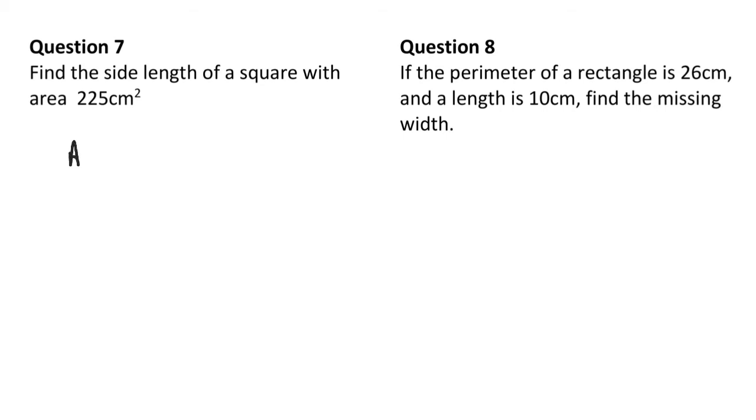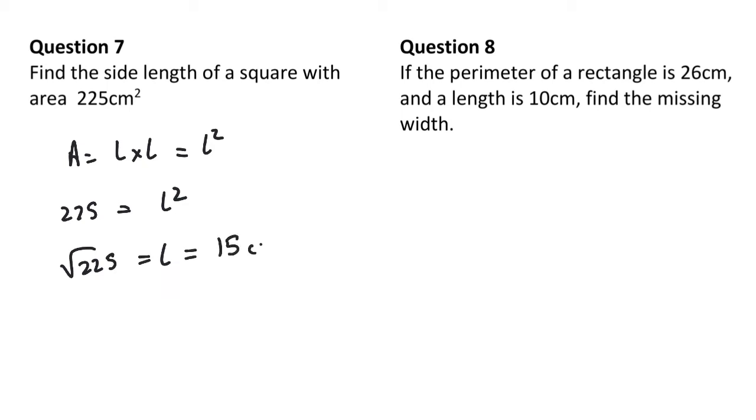So the area of a square is similar to length times breadth for a rectangle, only the breadth is the same as the length. So it's length times length, which is length squared. So we know that 225 then is going to be length squared. So to work out the length, we'll do the square root of 225, and that works out to be 15 centimetres. So we know 15 times 15 is 225.